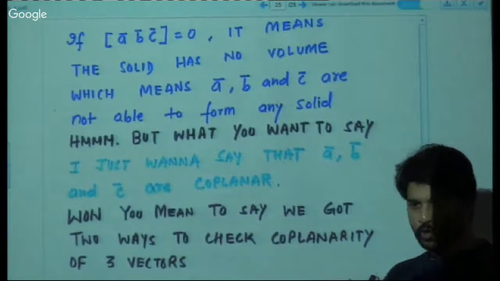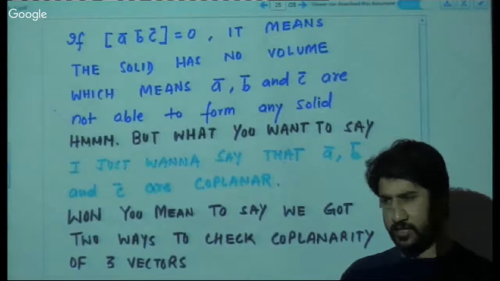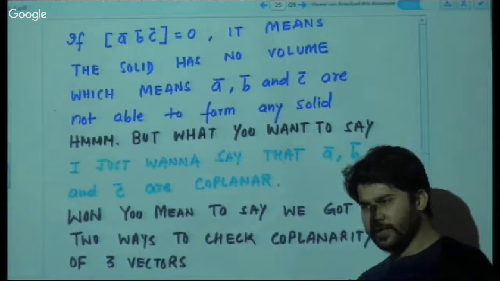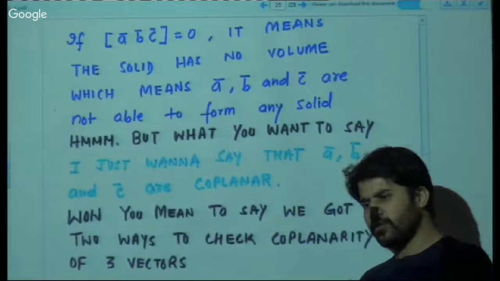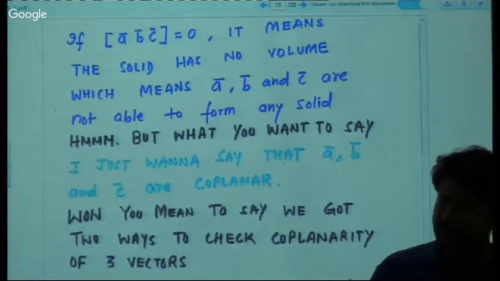So I just got 2 ways of finding the coplanarity of 3 vectors. One is if I am successfully able to write one of the vectors as a linear combination of the other 2 vectors, it means these 3 vectors are coplanar.